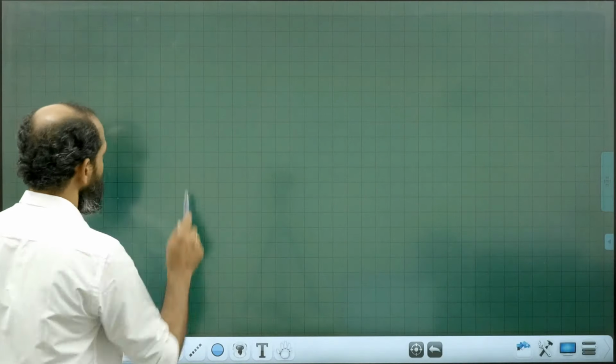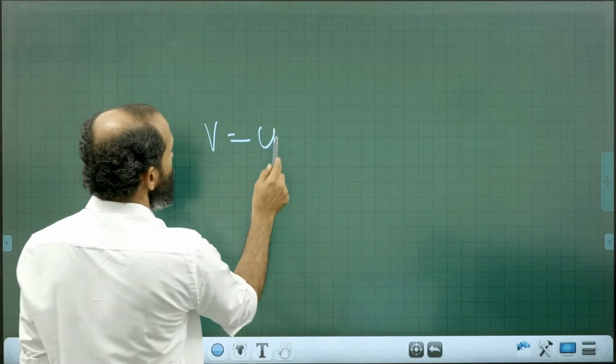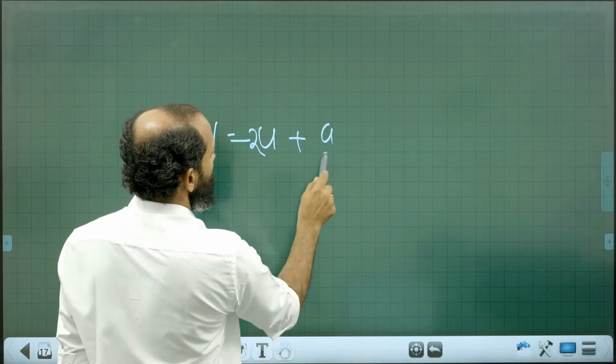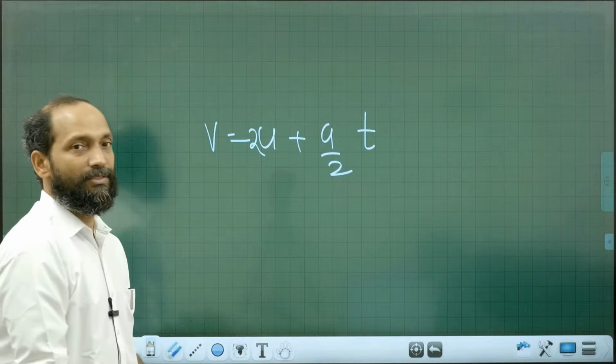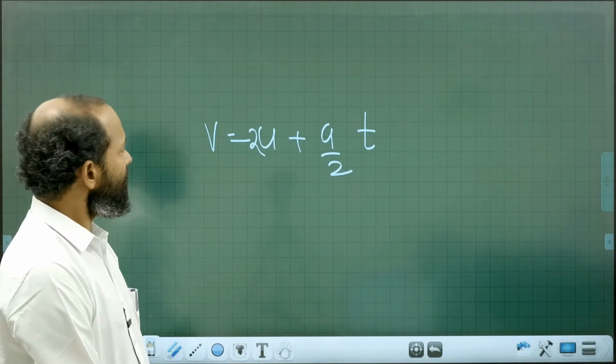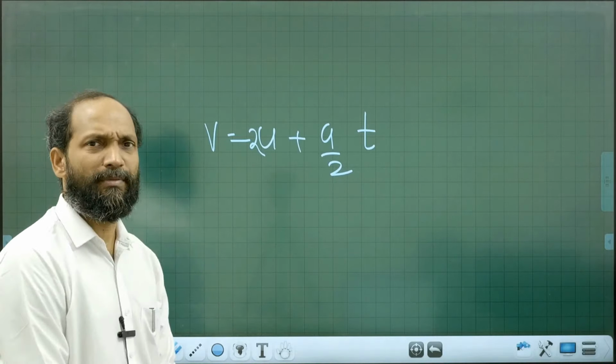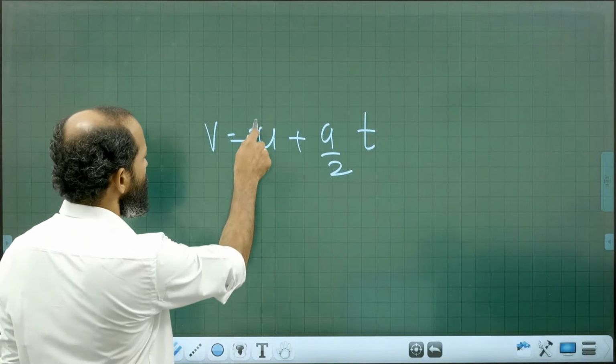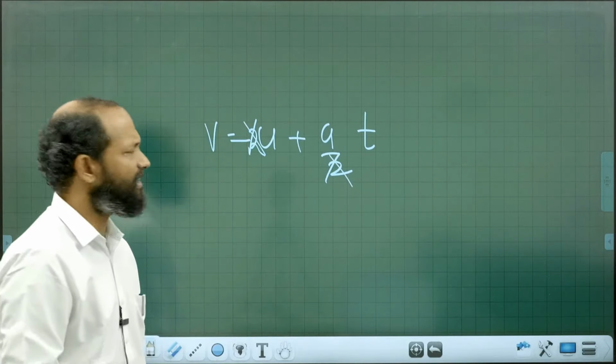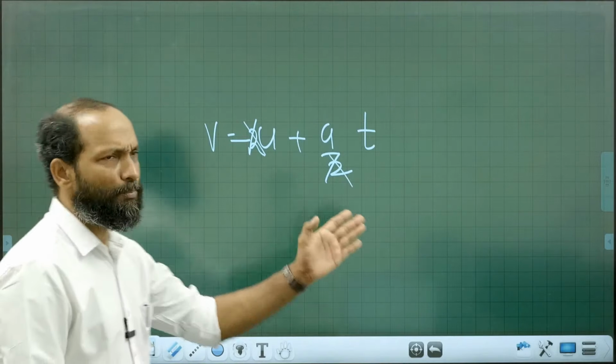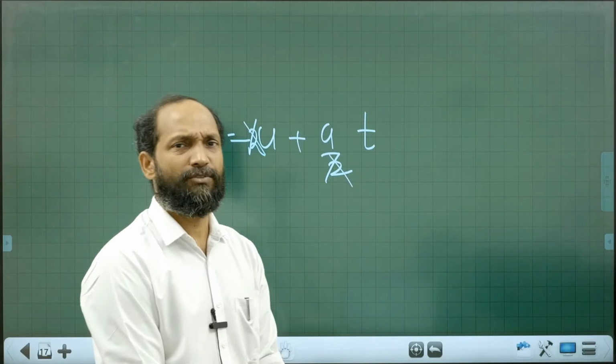For example, the very common relation is v equals u plus a t. Somebody has made a mistake and wrote v equals 2u plus half a t, like this. Anyway, v equals u plus a t is the popular kinematic equation for constant acceleration.